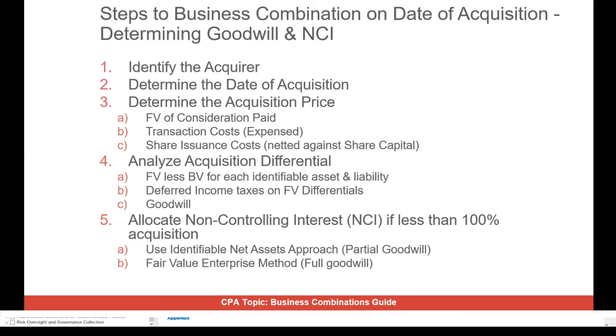It is possible that you could come up with two different goodwill numbers, because by choosing these different non-controlling interest methods, or policy choices, you are going to get two different goodwill numbers. So that's why this is something you have to discuss in terms of the choice that is made.